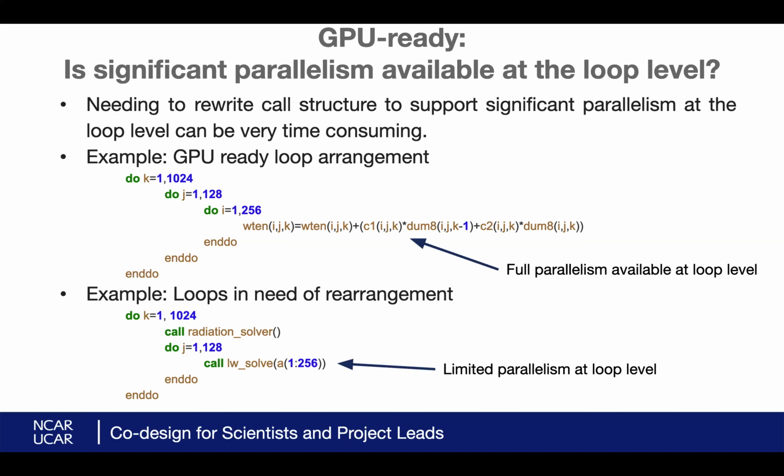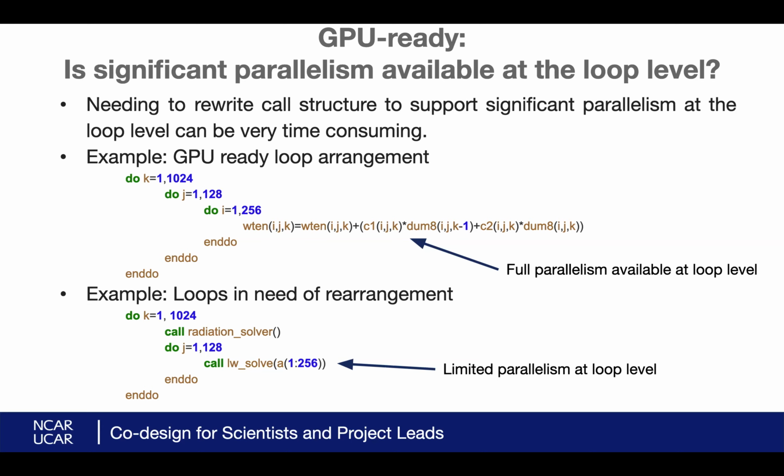What you see here is that in the first example of the loop, full parallelism is available at the loop level. It's just right there. But the problem with the second example is that limited parallelism exists at the loop level. You really only have 256-way parallelism at the LW solve level.